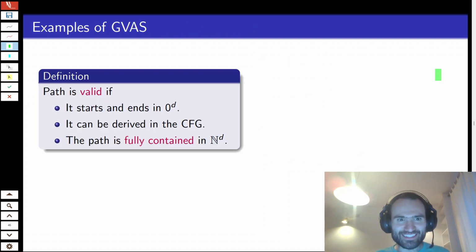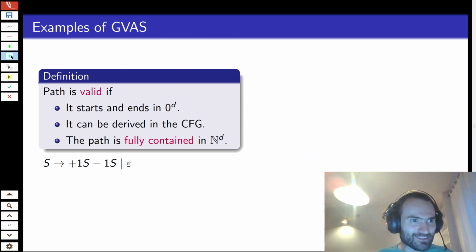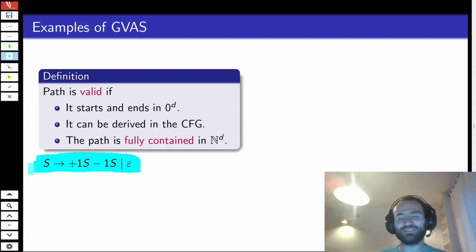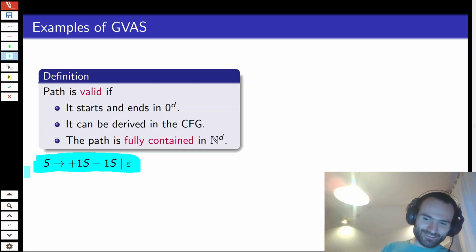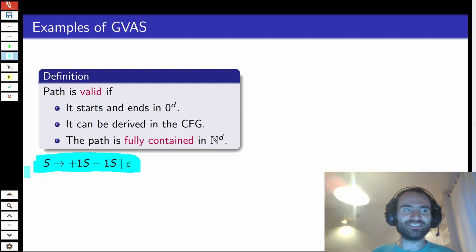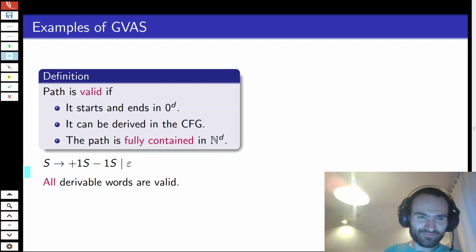Let's start with some more interesting examples of GVAS. We already saw the brackets before. So if we call the bracket terminals +1 and -1, then this here is now a GVAS. A GVAS with one counter, we say, because the terminals are in Z^1.